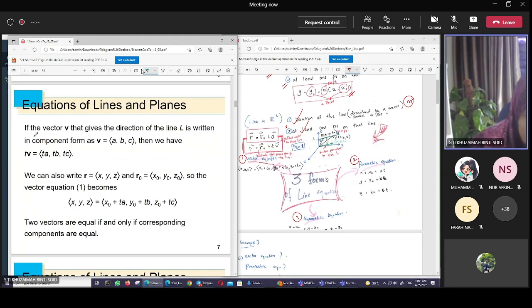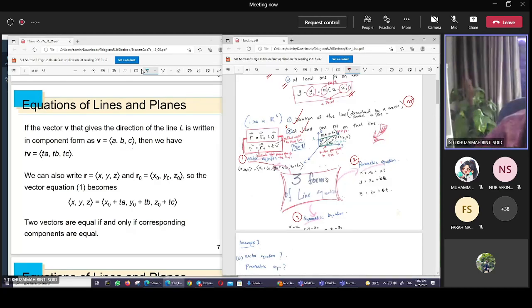If the vector V that gives the direction of the line L is written in component form, V here is the parallel vector in component form. And we know that this A, B, C are coordinates as well, and this also can be written as a vector like this, because this V also starts at the position vector, starting at 0, 0.